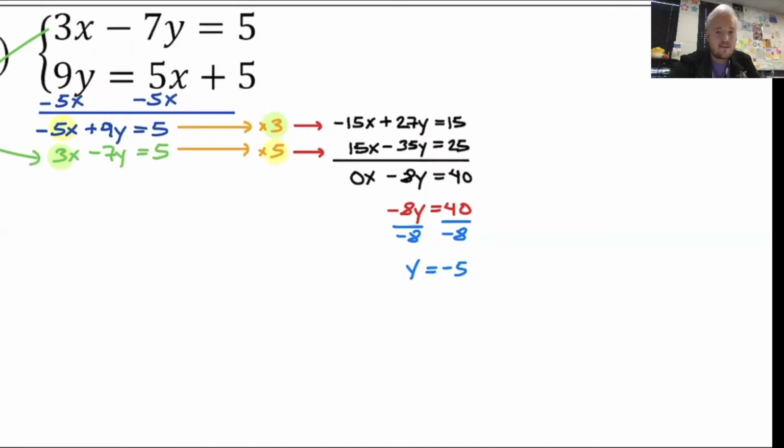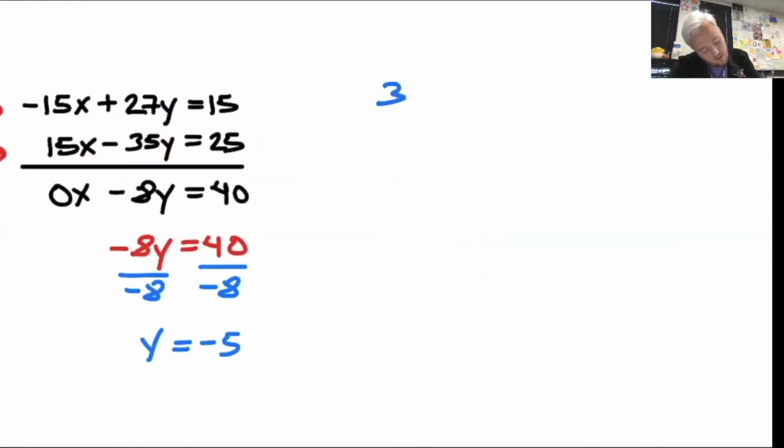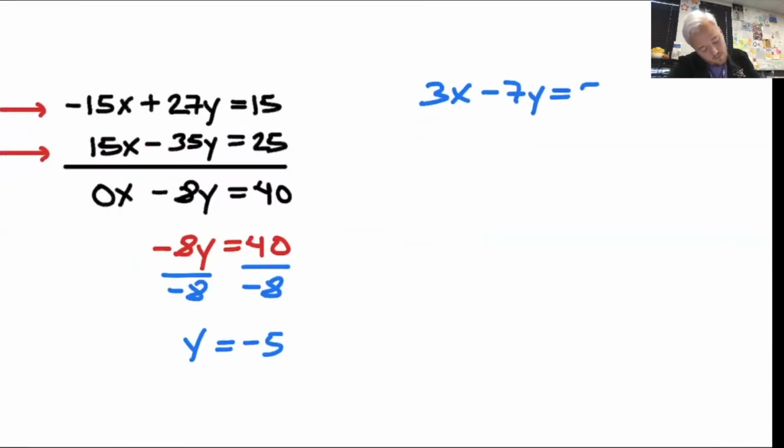So once again, it doesn't matter which equation you use, but I'm just going to use this top equation up here. So 3x minus 7y equals 5. All right, so I'm going to plug in negative 5 for my y value. So 3x minus 7 times negative 5 equals 5.